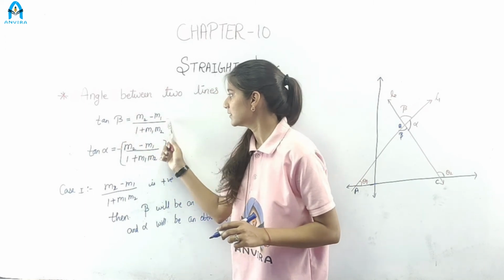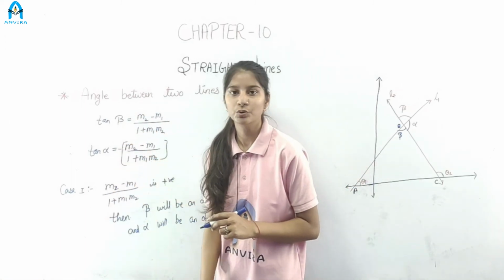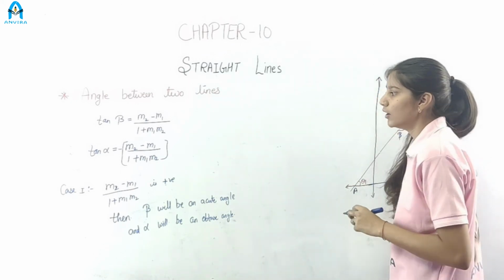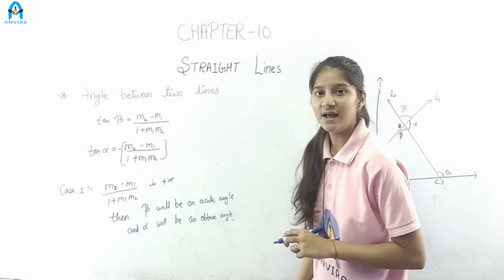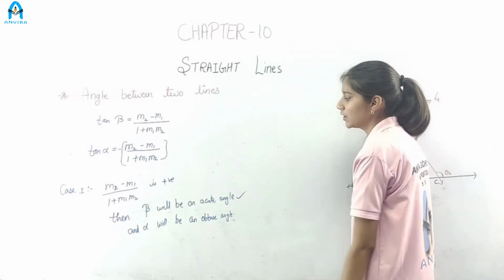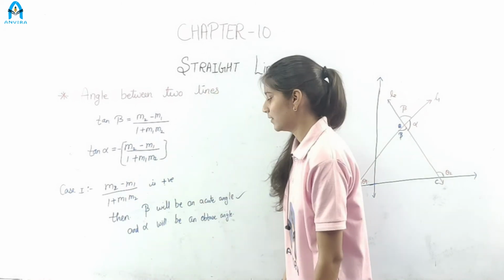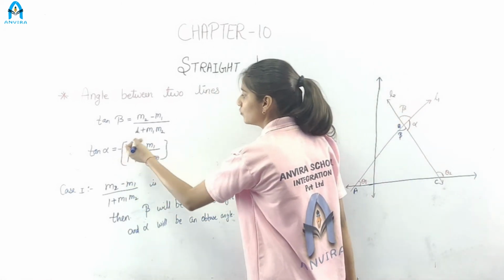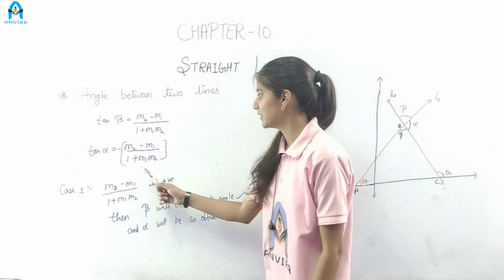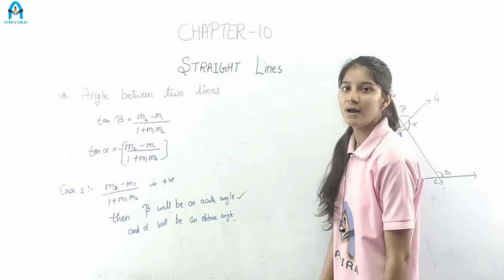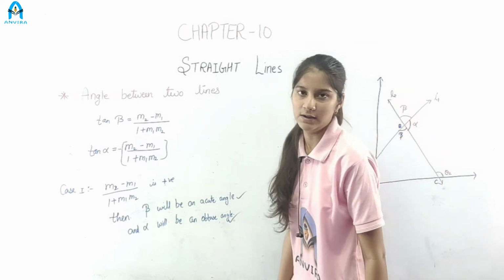In this condition, if tan beta is positive, that means all trigonometric ratios are positive, then it should be less than 90 degree, that means an acute angle. And similarly, negative of that, when the values of tan theta are negative, it belongs to the second quadrant or more than 90 degree, that means we get an obtuse angle.